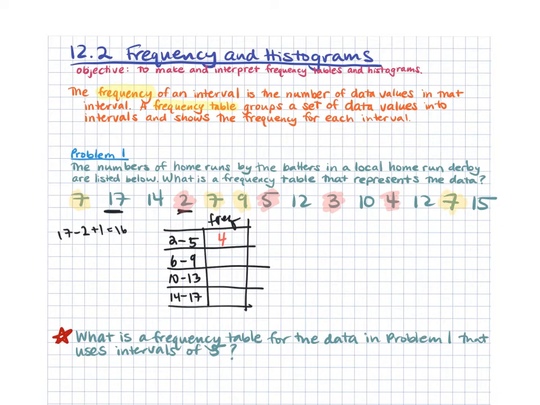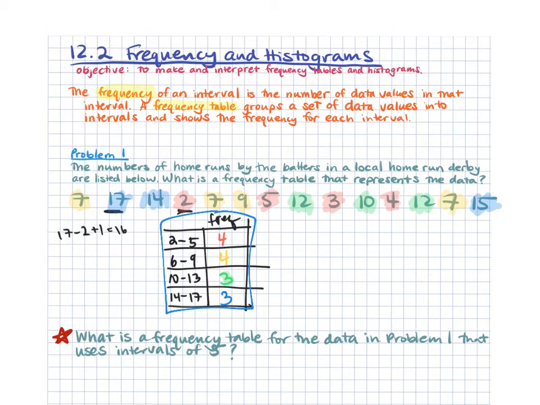So there are 4 in that one. And then between 10 and 13, we have 1, 2, 3. Sorry, I was counting greens. 3. And then 14 through 17, let's make that blue. We have 1, 2, 3. Okay, so that's our frequency table.